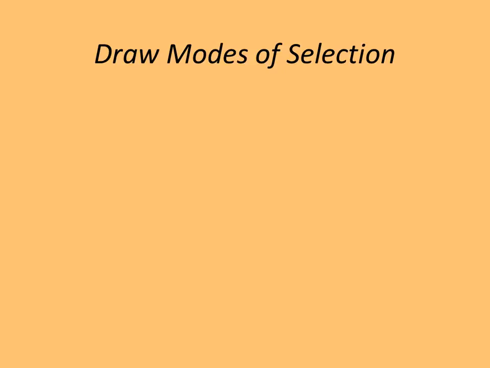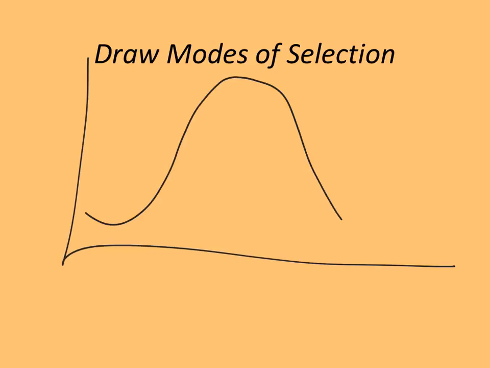So here we are again. We've got this mode, and this is size. And then eventually, obviously, we would have strong selection.